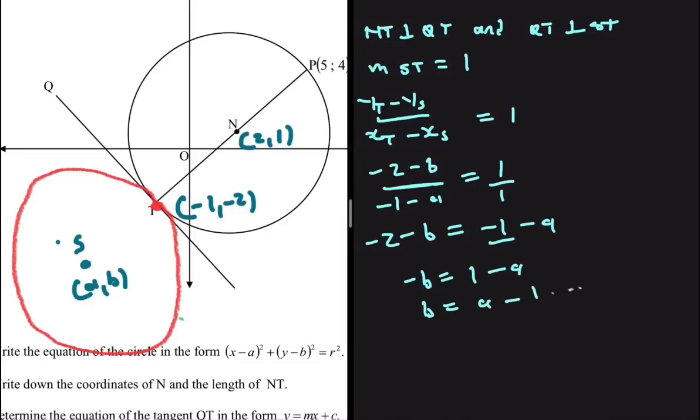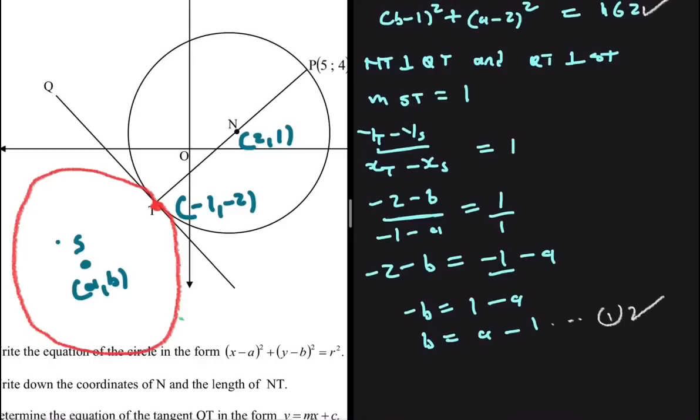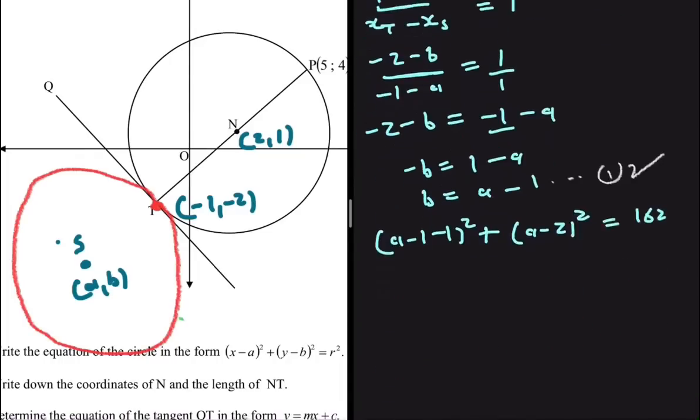We can call this our equation 1. And then what we want to do is to substitute this equation into this equation. So let's do that. Instead of having b, we're going to have a minus 1, and then minus 1 squared plus a minus 2 squared is equals to 162.